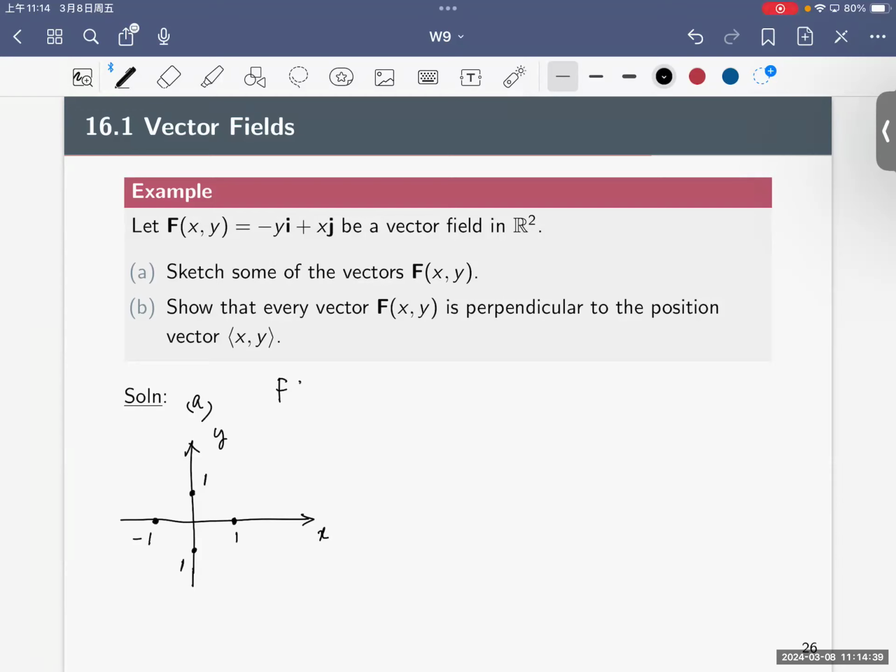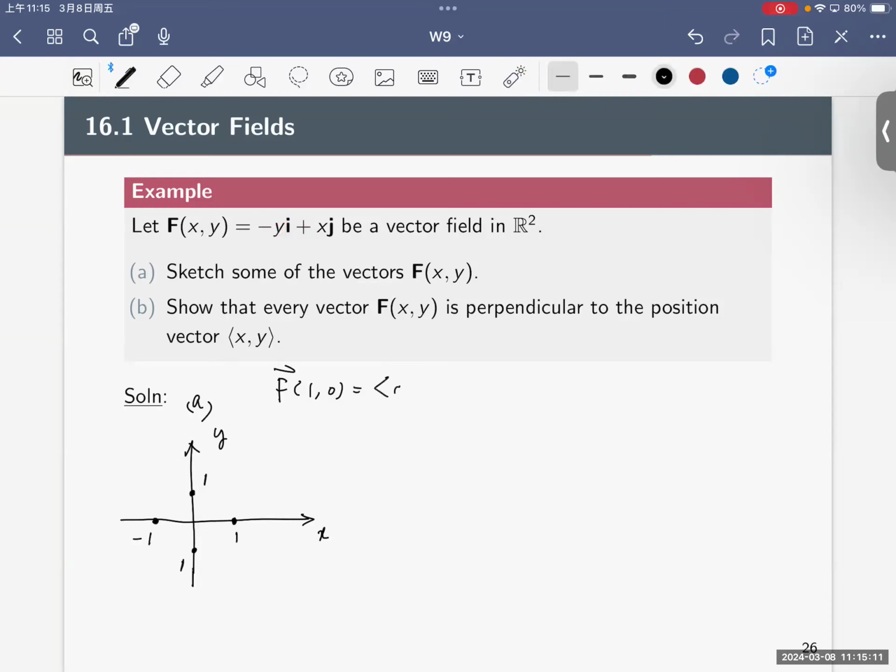The first one, the vector at this point, 1, 0, is equal to, according to the function, negative y, right? y is equal to 0, so negative y is equal to 0, and there's no i component.